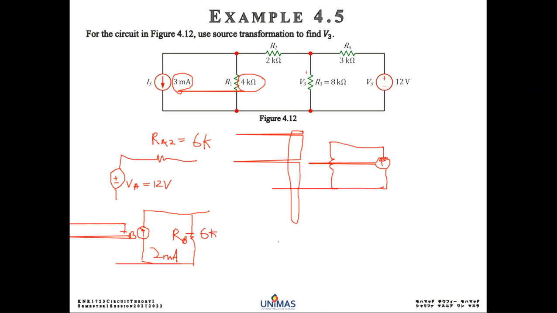Betul. Now you have something like that, and now you have the R3. R3 you cannot touch because we are going to find what is the voltage V3 across the R3. And dekat sini, on the other side tadi kita dah transform. Kat sini kita panggil dia, namakan dia C pula.